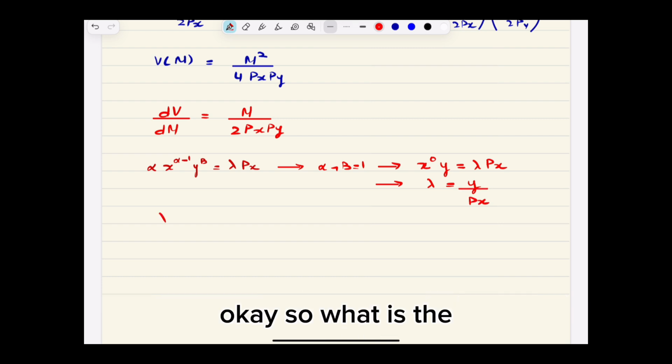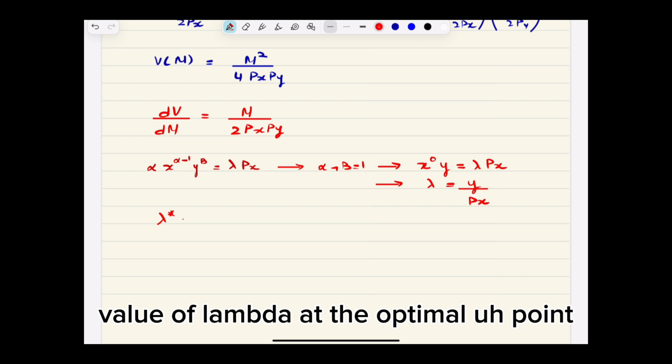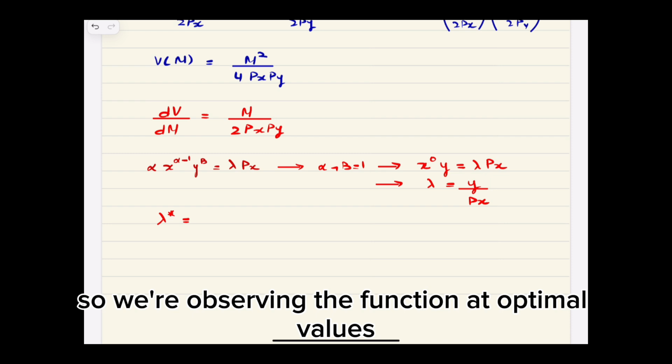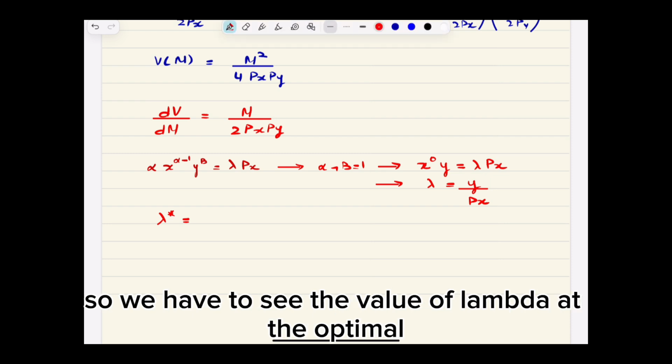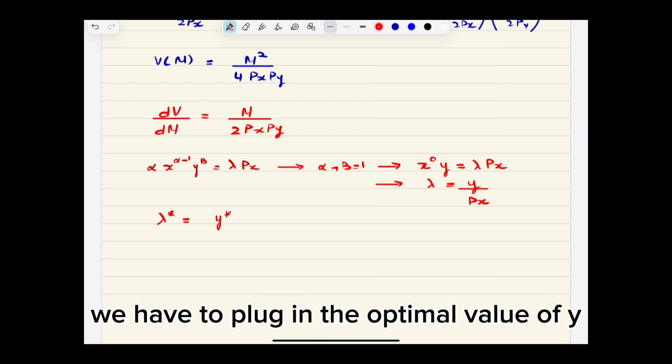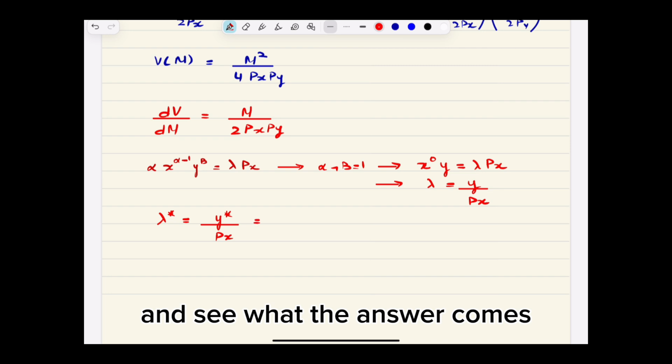Okay, so what is the value of lambda at the optimal point? Remember, this was the maximum value function, so we are observing the function at optimal values. So we have to see the value of lambda at the optimal level as well. So we have to plug in the optimal value of y and see what the answer comes.